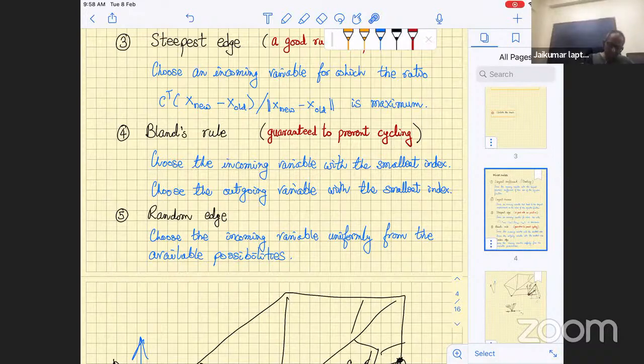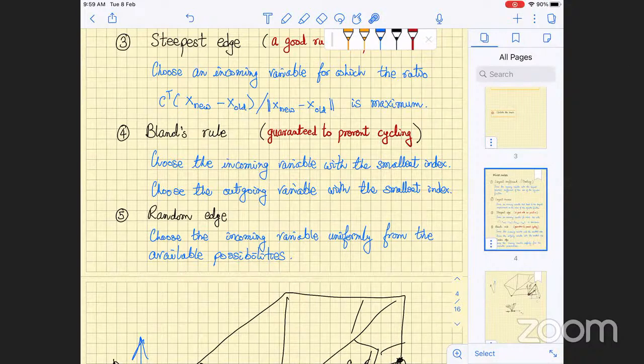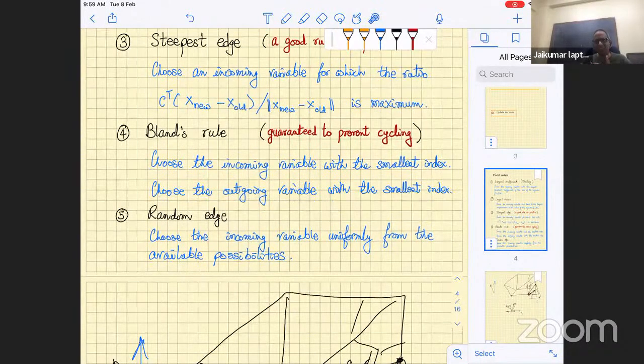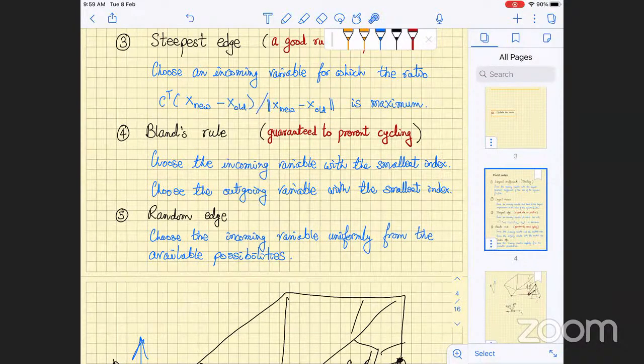But this length will not always be the same, so what you normalize by may be different in the two cases. X new is just X old plus T times the direction. Depending on whether this variable is in the direction of the current X old or orthogonal to X old, there might be a difference in the denominator length here. So we are trying to take care of that.